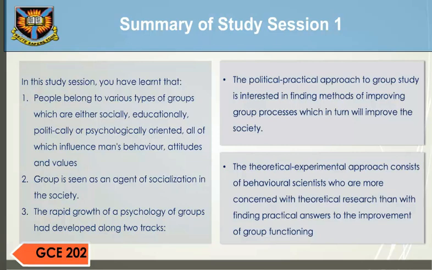The rapid growth of a psychology of groups had developed along two tracks. The political practical approach to group study is interested in finding methods of improving group processes, which in turn will improve the society. The theoretical experimental approach consists of behavioral scientists who are more concerned with theoretical research than with finding practical answers to the improvement of group functioning.